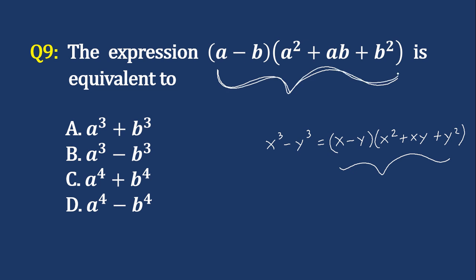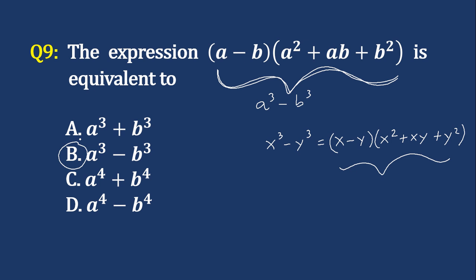So this expression is actually equivalent to a cubed minus b cubed. So the answer is letter B. It is always good to memorize some of the algebraic identities so that when you encounter expressions that resemble those identities, you can easily simplify.